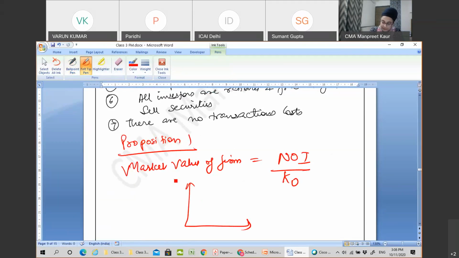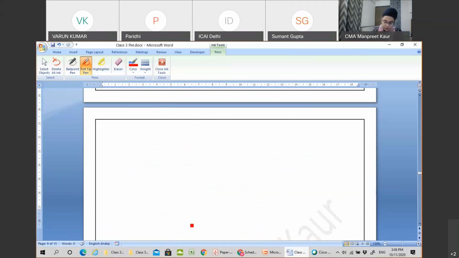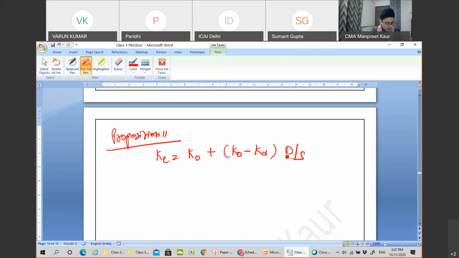Graphically, KO is constant, and according to proposition 2, KE is equal to KO plus (KO minus KD) D upon S.